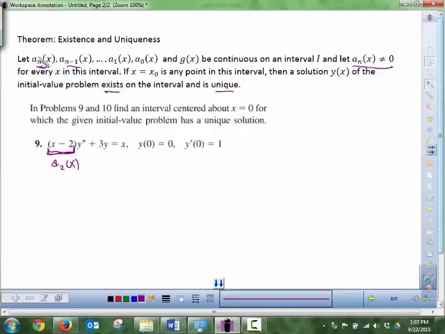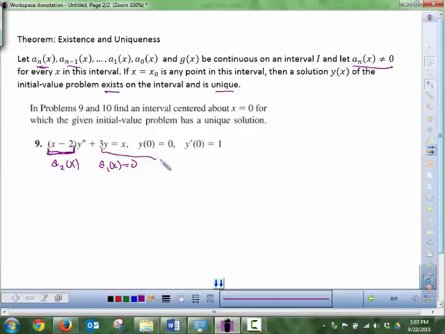So our n is equal to 2 in this case, second order. I have y double prime, the coefficient of that is a2. What's a1? No, I thought it was 3, but it's not. It's 0. So a1 of x is 0, which is a valid continuous function on any interval.